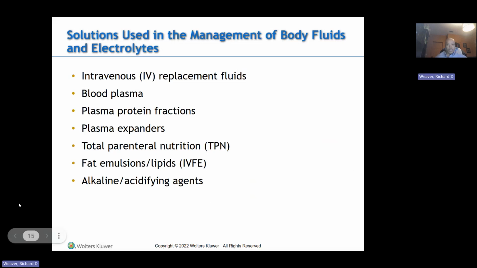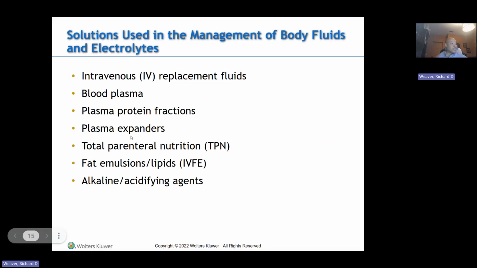There's also some contraindications for plasma proteins, especially those who have a history of allergic reaction to albumin, severe anemia, cardiac failure, and so forth. Make sure you guys read that.